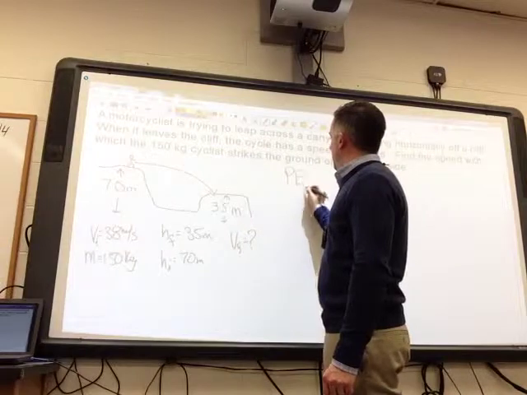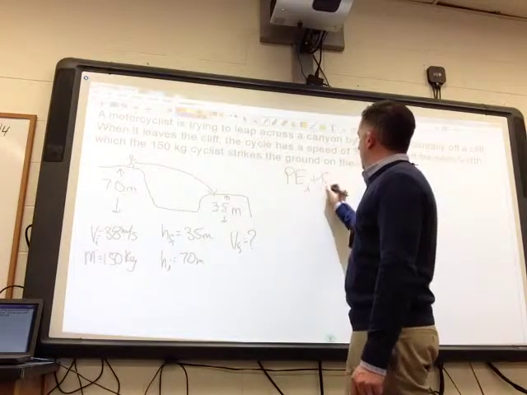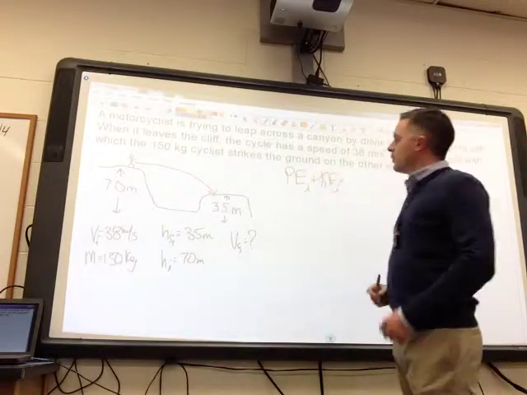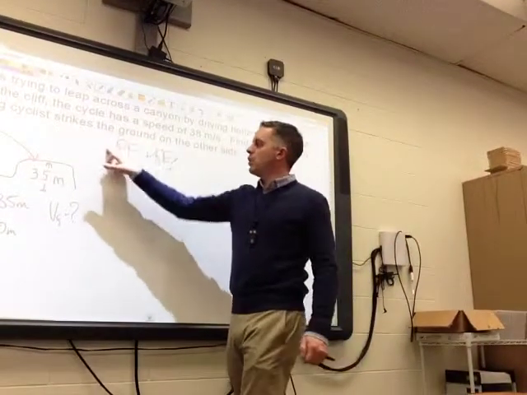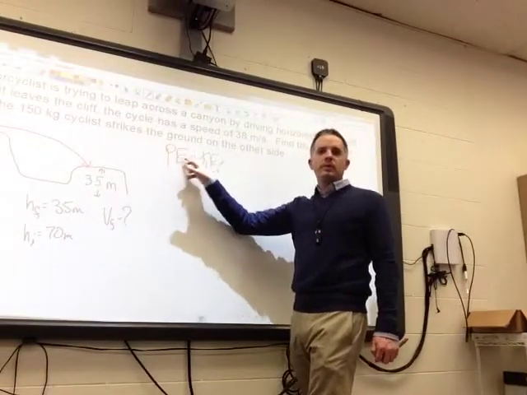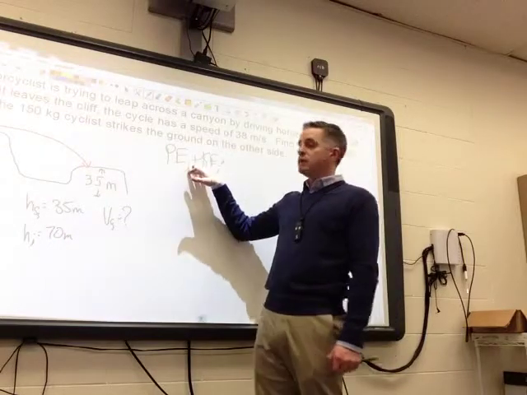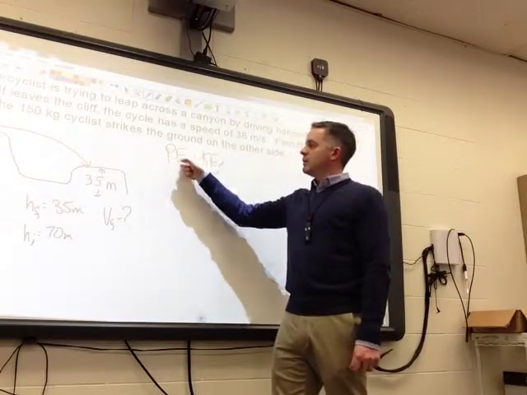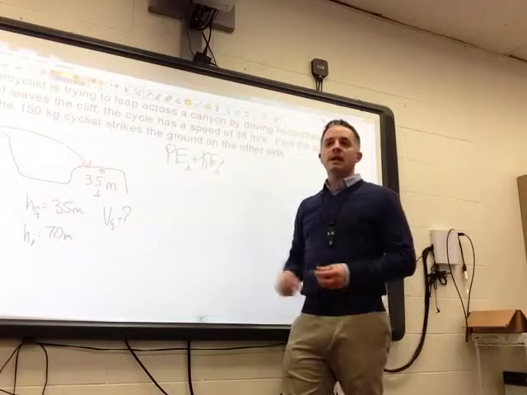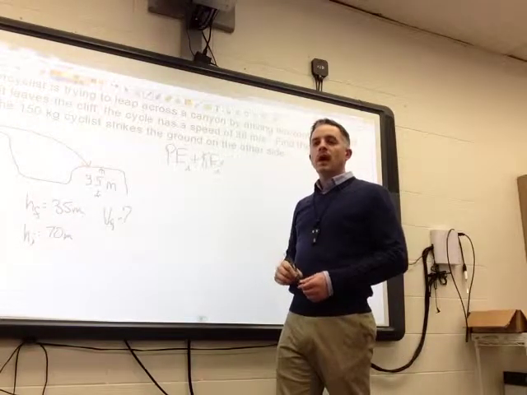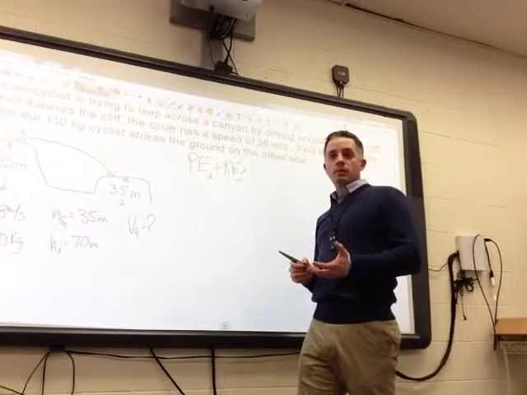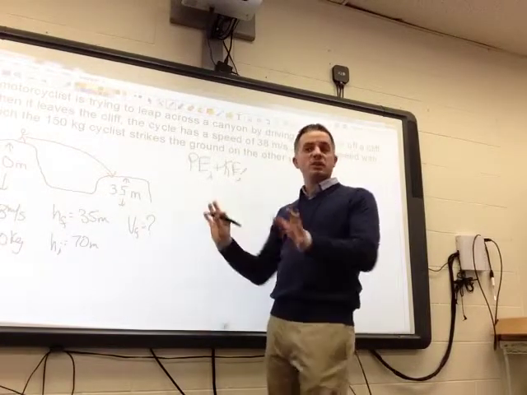So he's got some sort of total mechanical energy, right? PE plus KE is total mechanical energy, and the sum is equal to the potential and the kinetic. How do you figure out how much they are? Through the equations that we know already. And we're going to plug that in, you'll see it, okay?